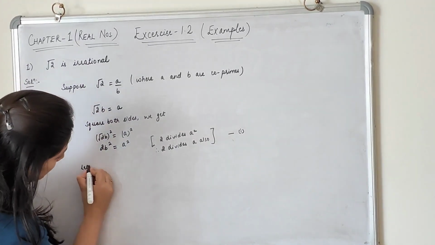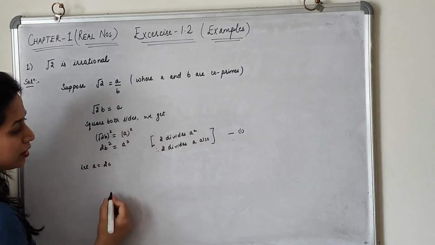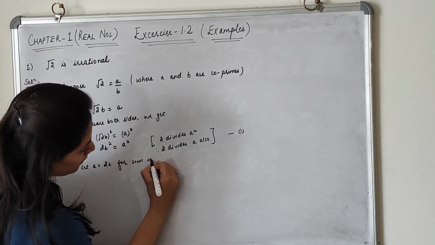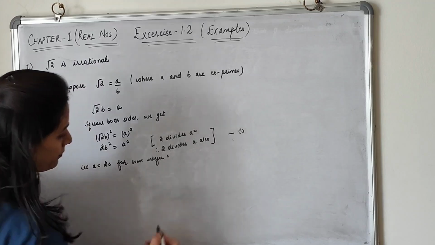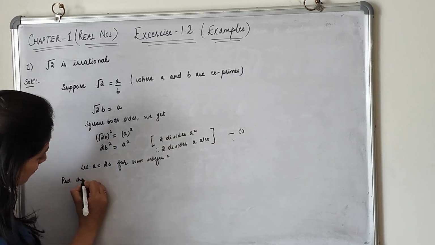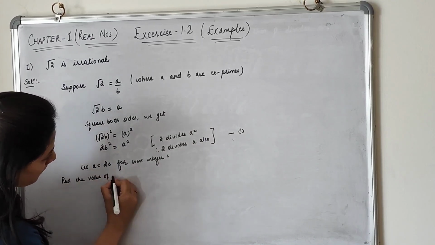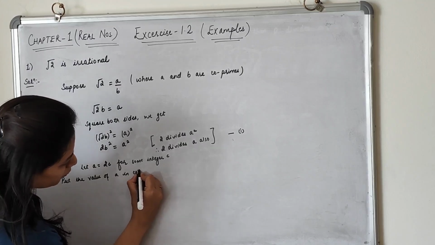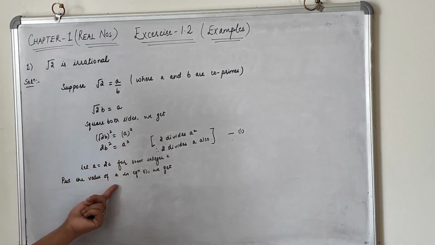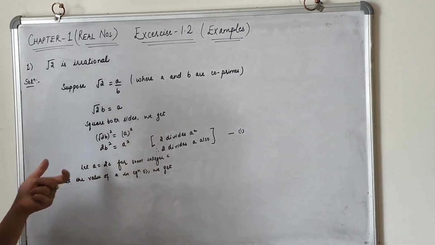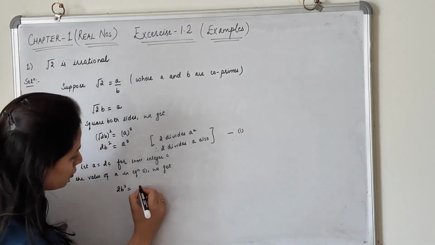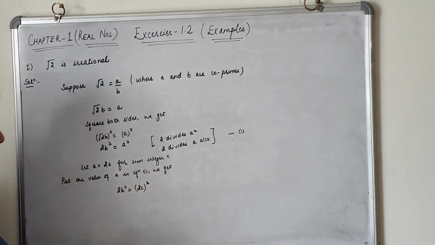Let A is equal to 2C for some integer C. Put the value of A in equation 1. We get, if you put the value of A in this equation, what you will get? 2B square is equal to 2C whole square.